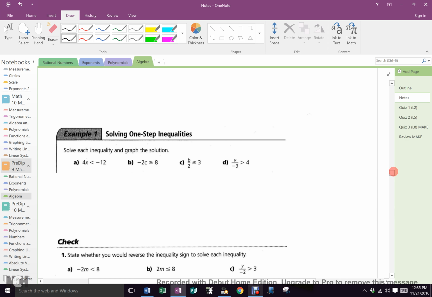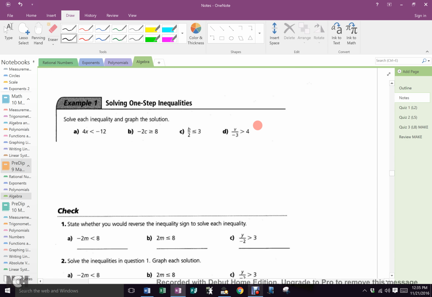So, solve and graph. If I had 4x equals -12, what would I do? Divide by 4. But that is not what I have. I have 4x is less than -12. But I do the same rule. I divide by 4. So I get x is less than -3. Did I divide or multiply by a positive?